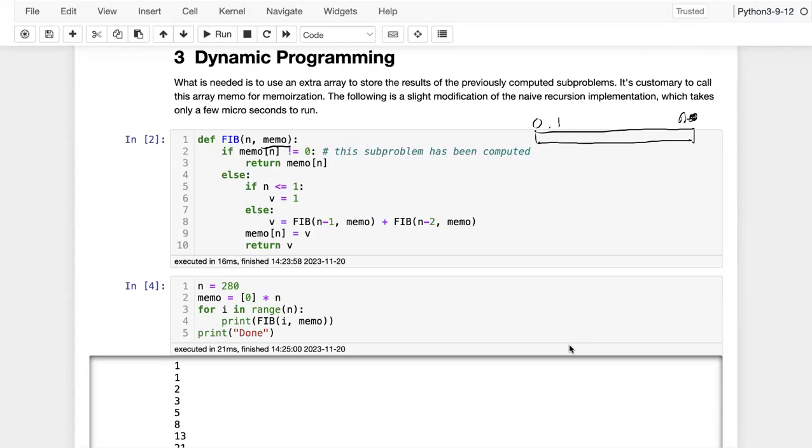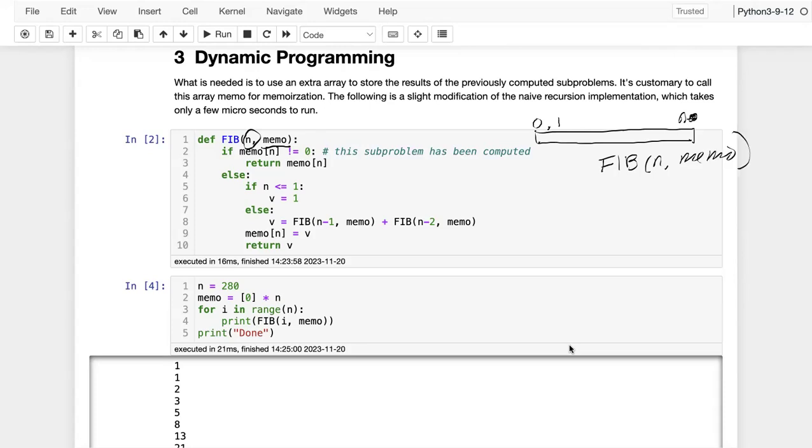So what you end up with is that when I compute a particular input, this time I'm using FIB with an extra table.